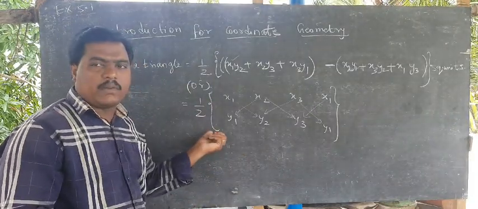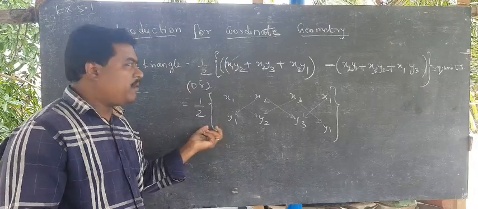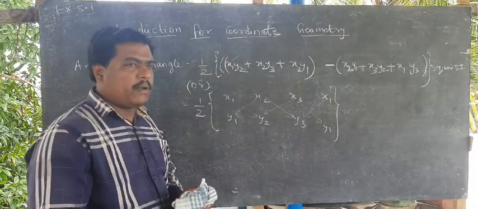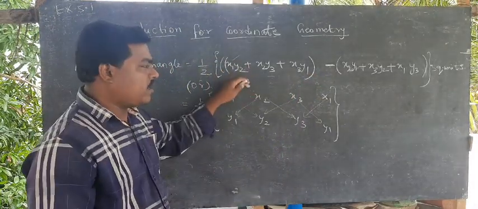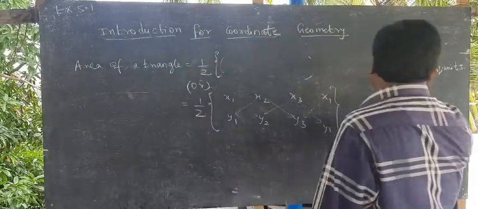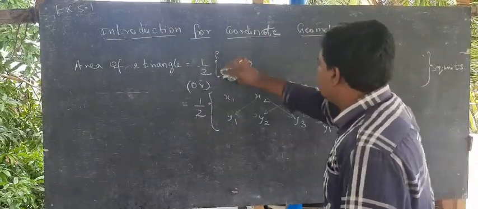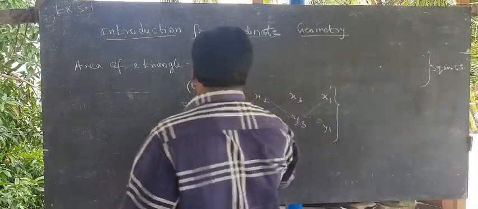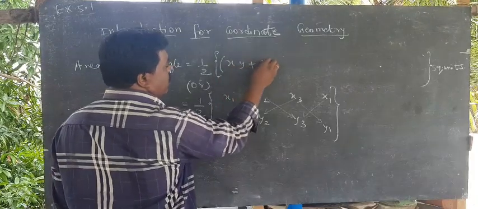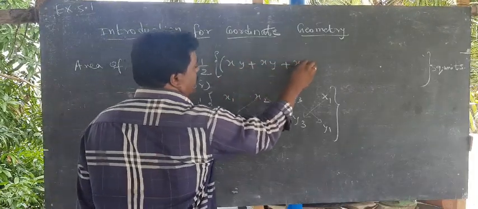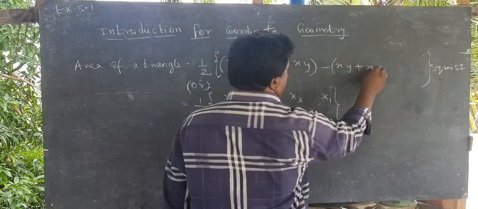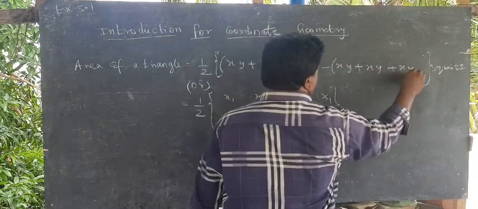But we are using this formula in exercise 5.1 because the other formula is very lengthy. We need to memorize the formula. Without memorizing, how to write this formula? Listen. Just open the bracket: x y, x y, x y, minus of x y, x y, x y.